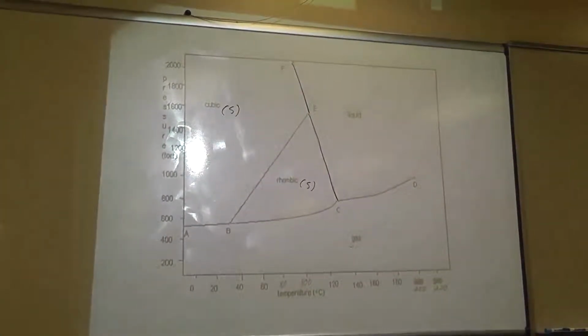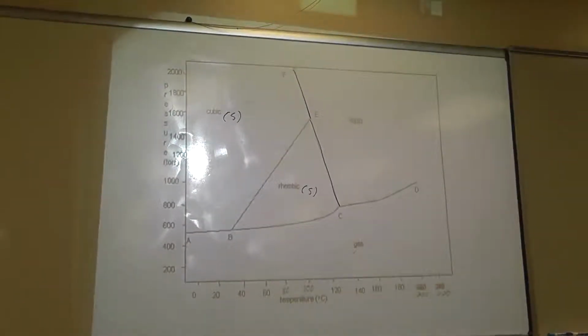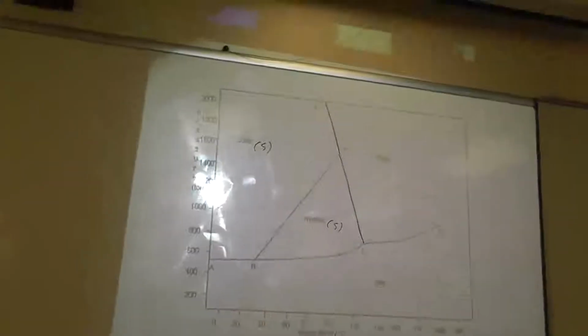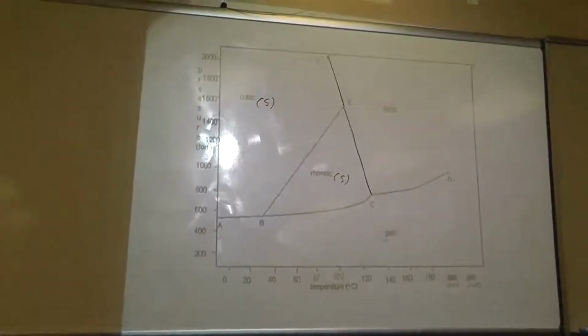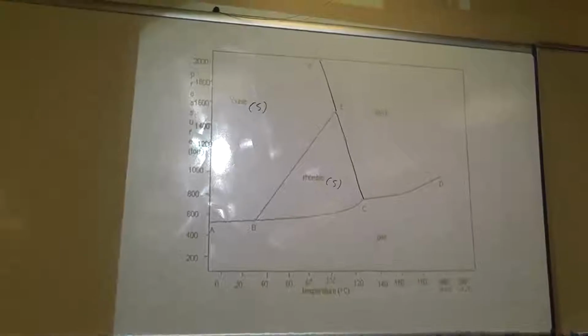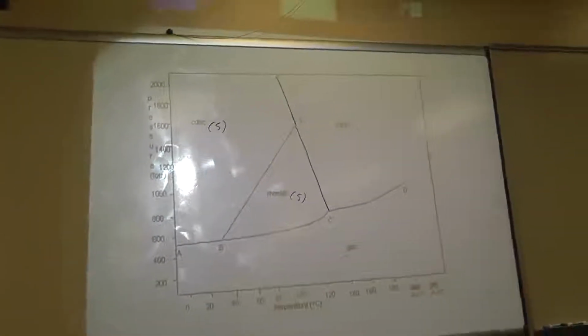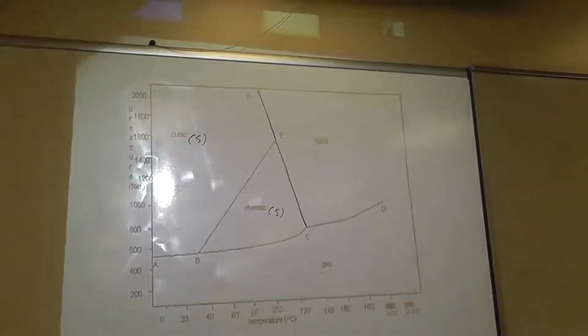Or you could just call that C to F, right? C to F is melting. Yeah, if you want to break that down into subsections, C to E is melting for the rhombic solid, and E to F is melting for the cubic solid.